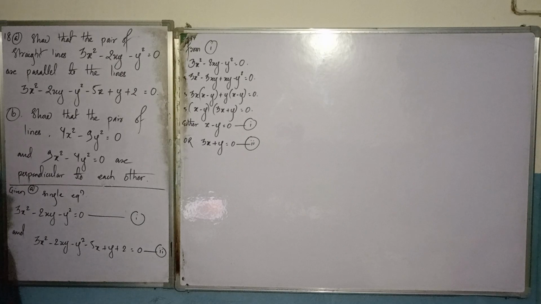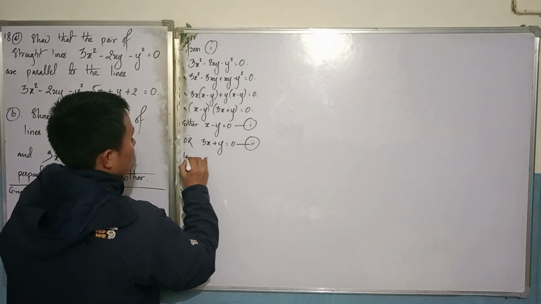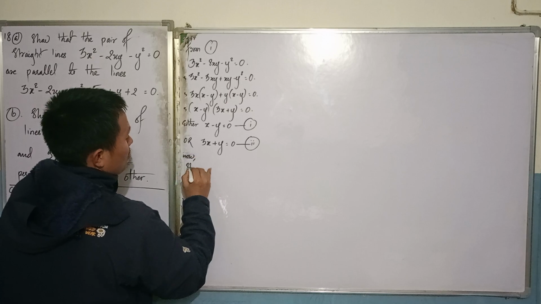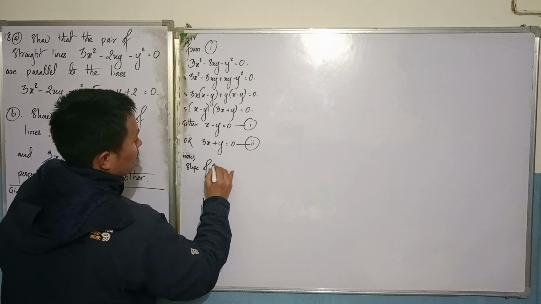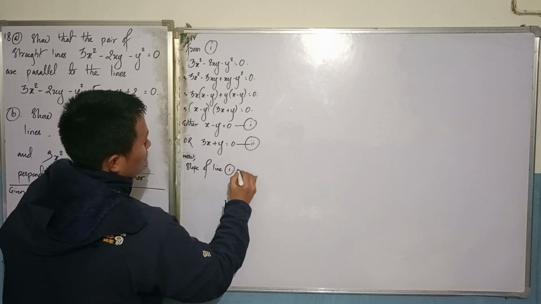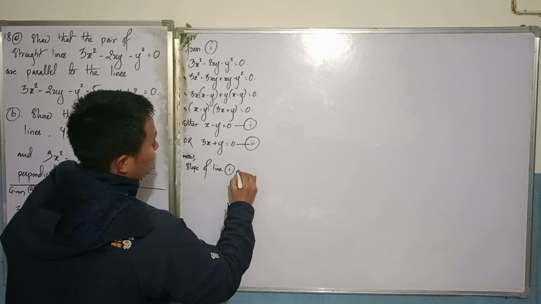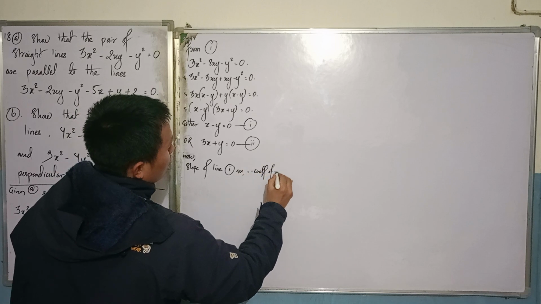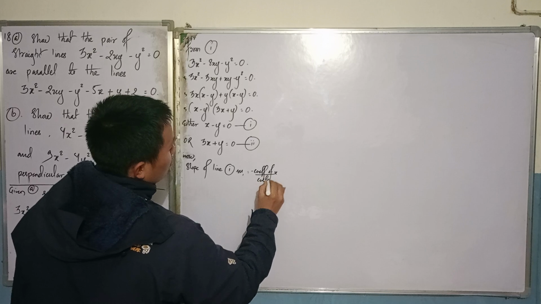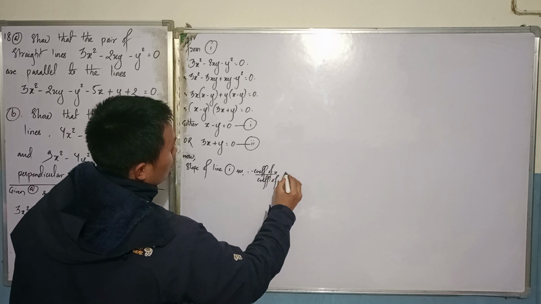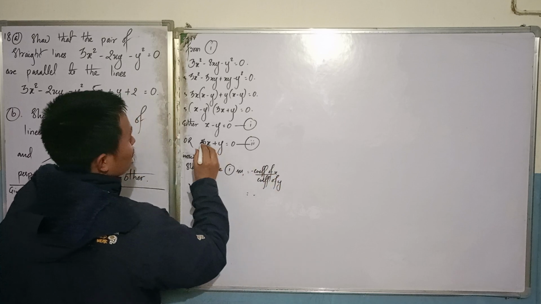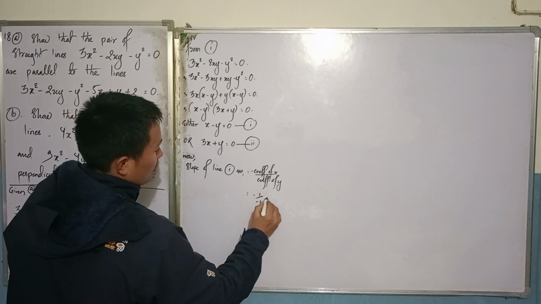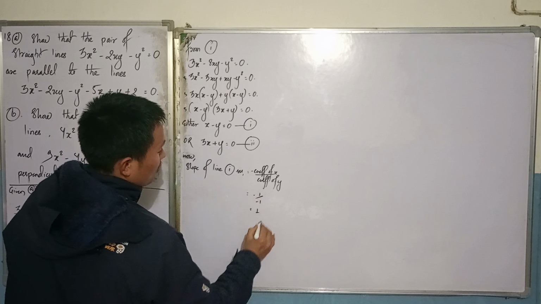Okay, now the slope of line I, let that be m1, is equal to minus coefficient of x divided by coefficient of y. We have coefficient of x as 1, and coefficient of y as negative 1, so that will be 1.